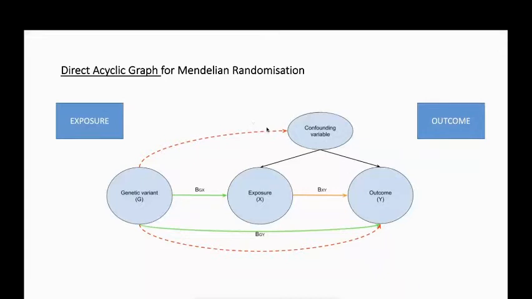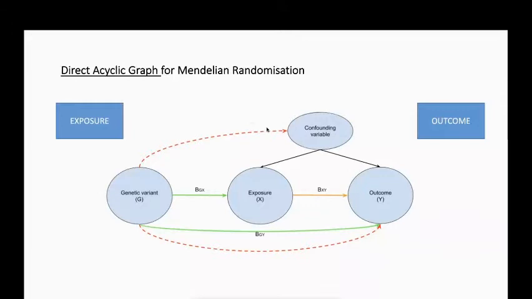So we look at the genetic variant, and that associates with the exposure, and the association between the genetic variant and the exposure is commonly obtained from a genome-wide association study, and that's known as beta GX. Then we also obtain, from a secondary genome-wide association study, the association between the genetic variant and the outcome.